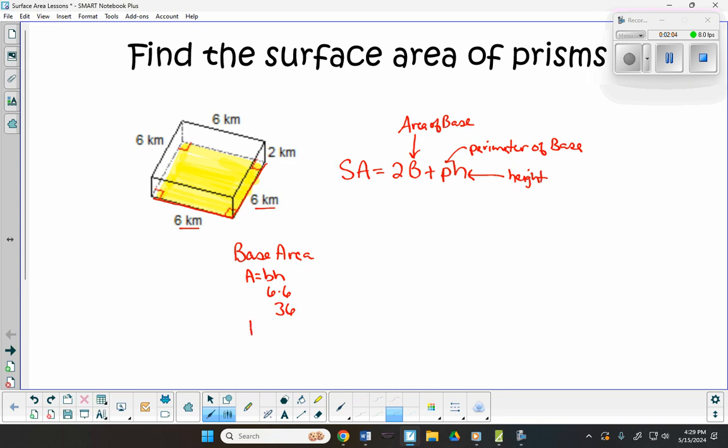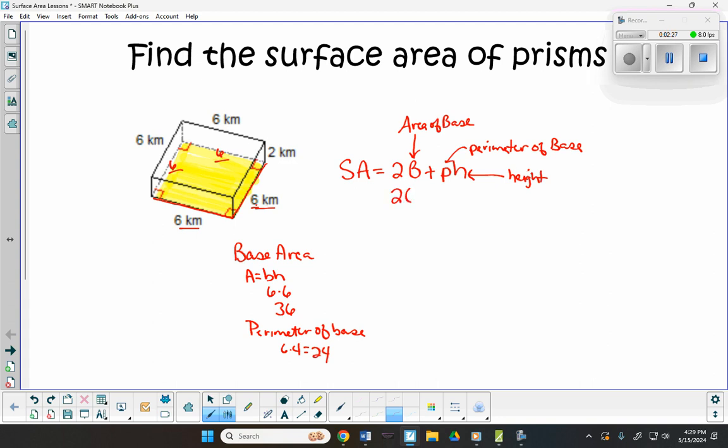You also need the perimeter of the base. And that means the distance around it. So you would add 6 plus 6 plus 6 plus 6, which is 6 times 4, which is 24. So now you can substitute in those values.